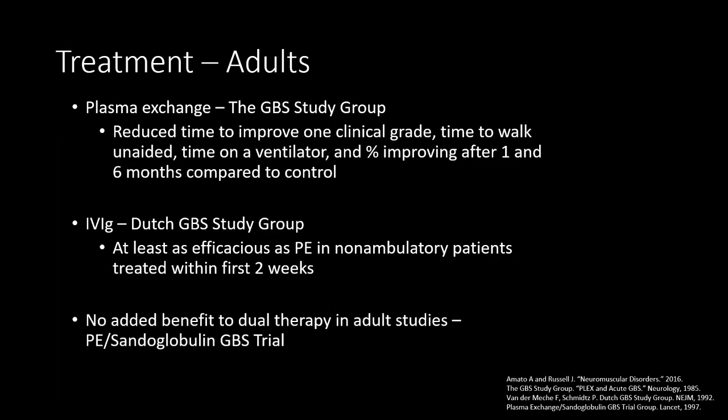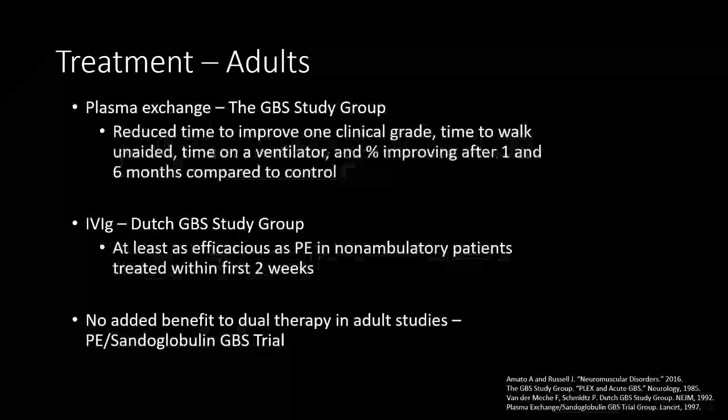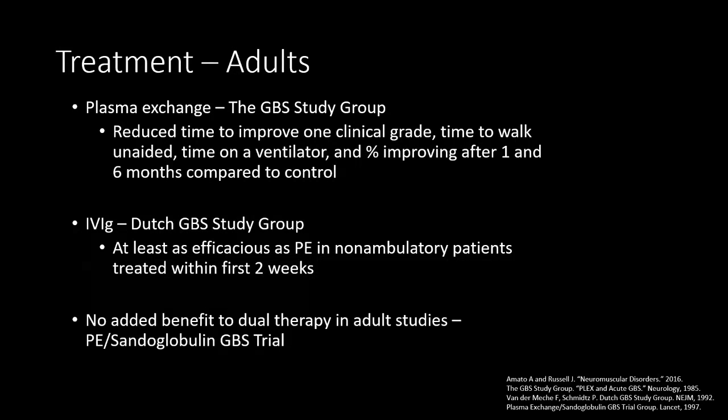And so, kind of intuitively, next they looked at whether or not we should be treating patients with both plasma exchange and IVIG, and they actually found that there was really no added benefit to dual therapy. So really pick one or the other, and it really doesn't make a huge difference in terms of long-term outcomes which treatment you choose.